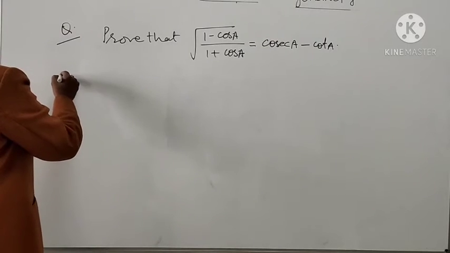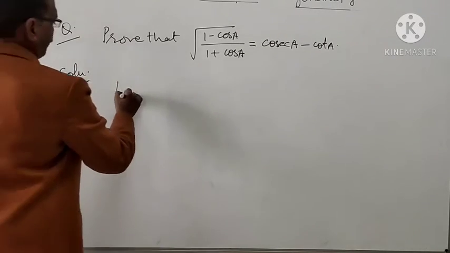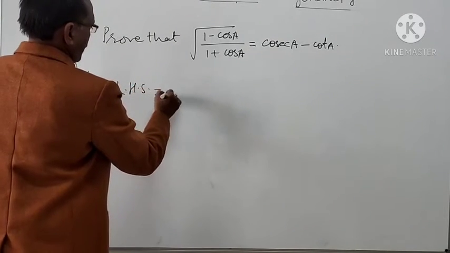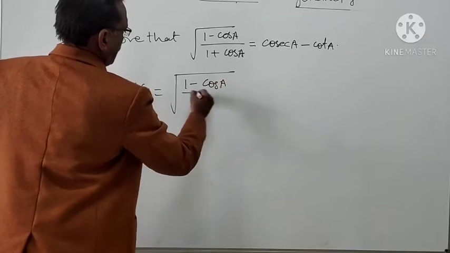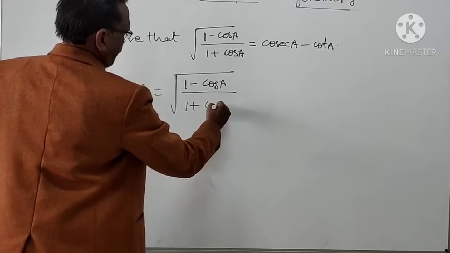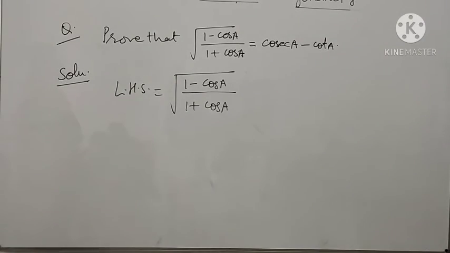Student, we will take the LHS. It is root of 1 minus cos A upon 1 plus cos A. Student, we will rationalize the denominator.